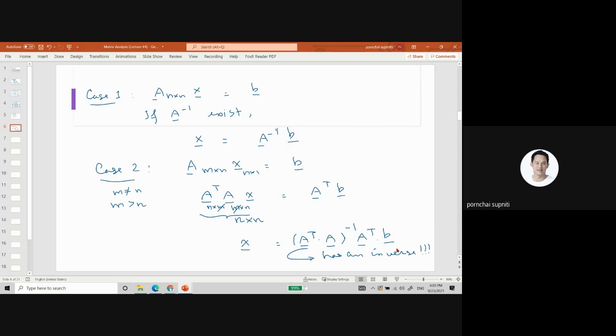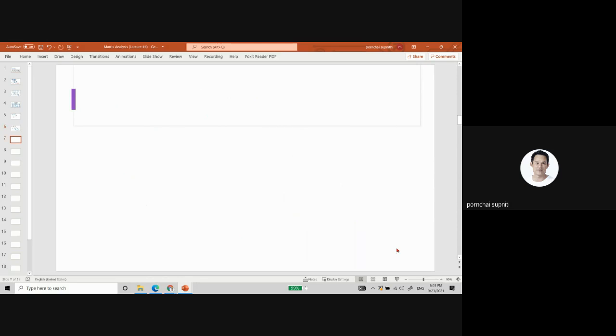So these are the two main approaches in general when we want to find a solution. Okay, so next, let us take a look at a technique called the augmented matrix method.